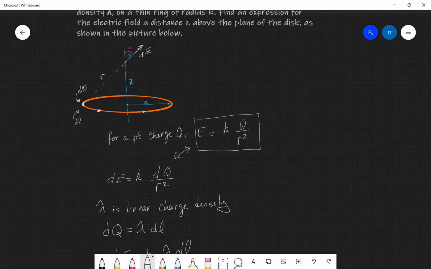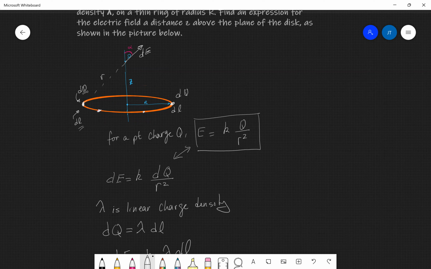I will reword this, but since it's along the axis of the ring, if this is my dq, I have another dq across the diameter from it. Take a diameter, go across to the other side. I have another dq right here, with the same infinitesimal length and the same infinitesimal charge. So here I have dq and dl.